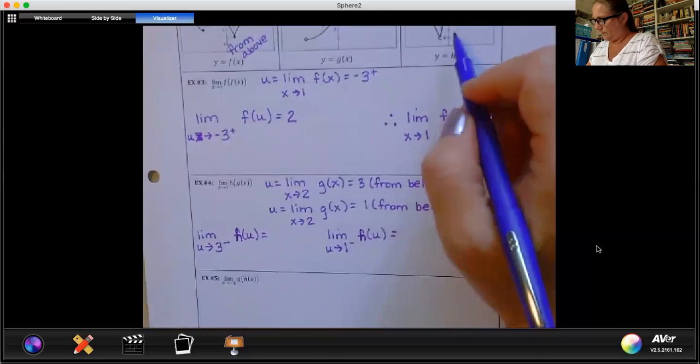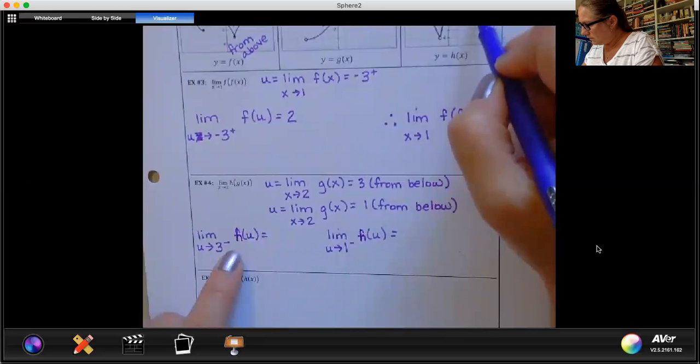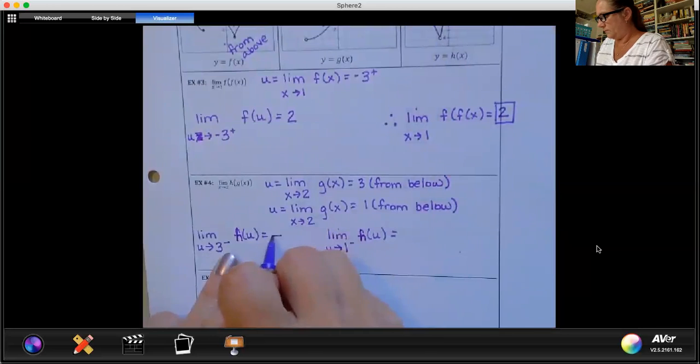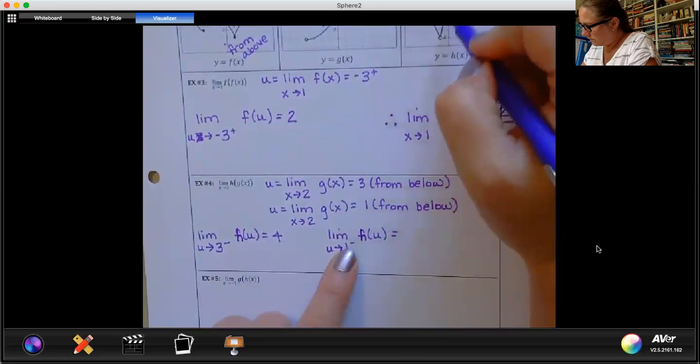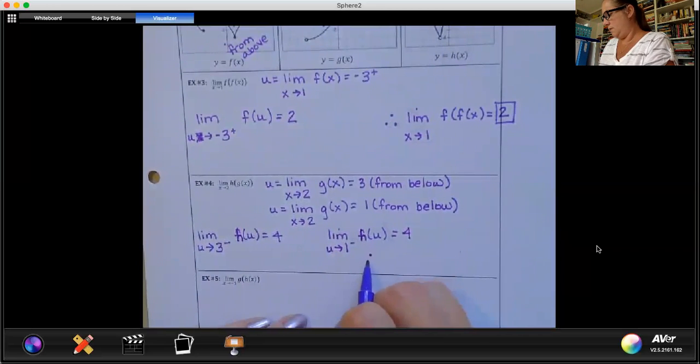H, 3 from a negative direction is 4. And 1 from a negative direction also 4. Therefore, the limit as x approaches 2 of h of g of x is equal to 4.